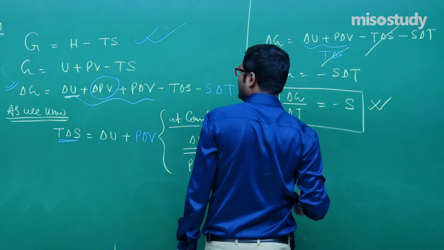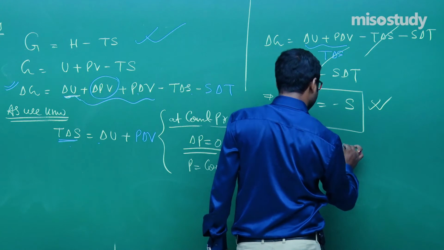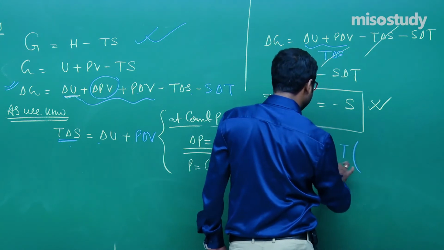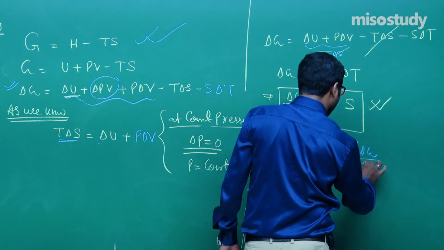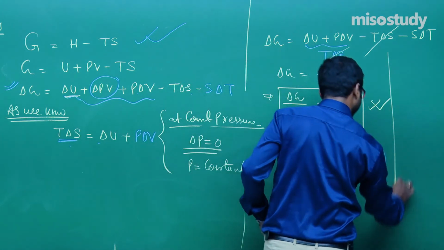Now what will happen? Check it out. G is equal to H minus T delta S, where delta S is delta G upon delta T. Clear? I am moving here, check it out.